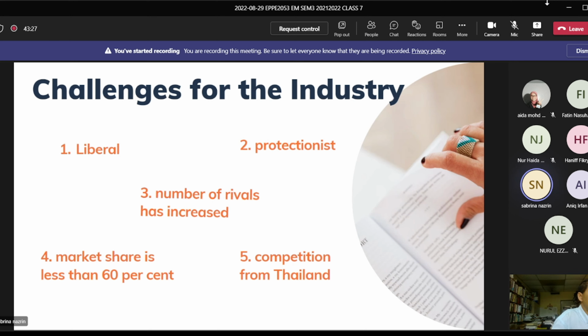The last one is competition from Thailand. The country also faces enormous competition from Thailand since the latter provides attractive pricing and models. On the other hand, the introduction of AFTA may open the greatest opportunity for the automotive industry via regional cooperation.